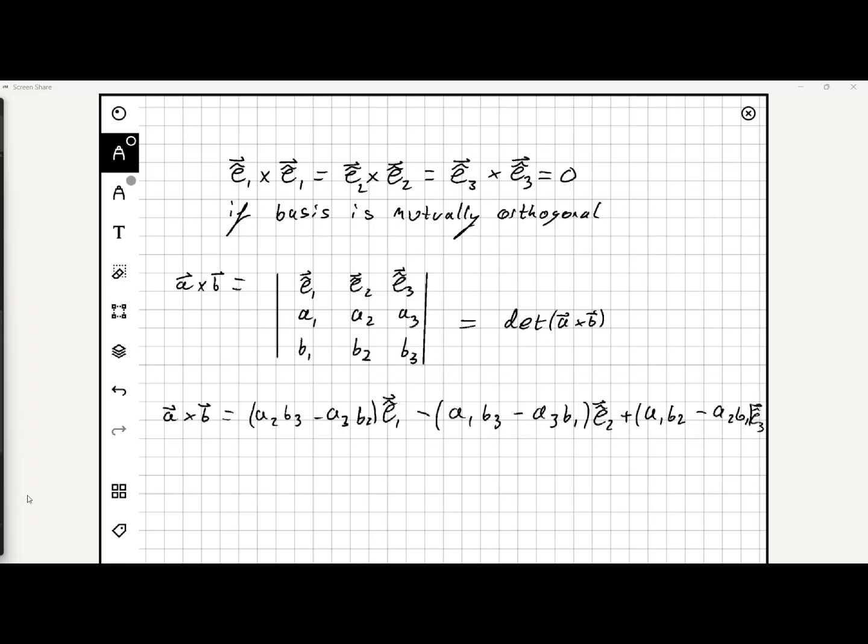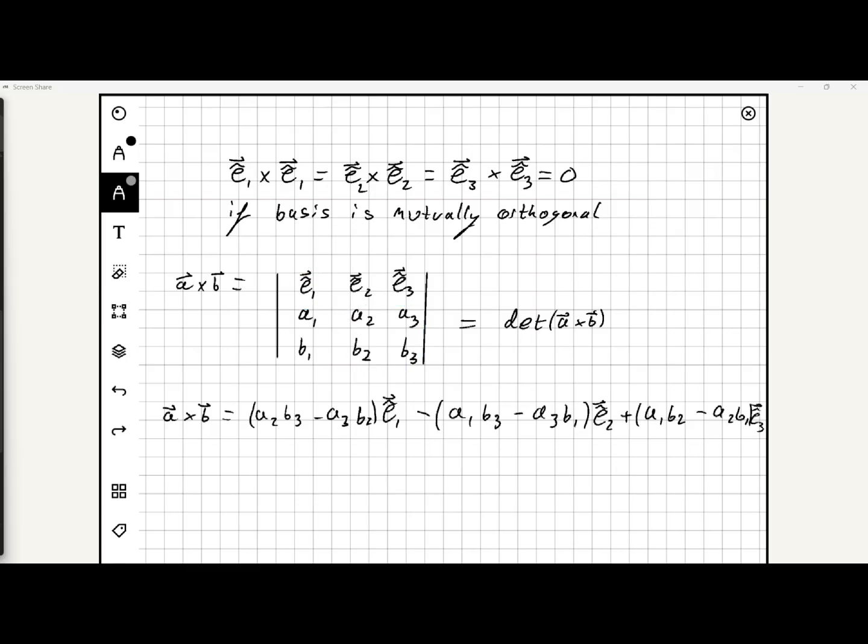Now what this is really just, A cross B, is just finding the determinant of the 3 by 3 matrix, as we have here on screen. We choose e1, our first element. We go down here into the bottom right and make this our first block matrix.